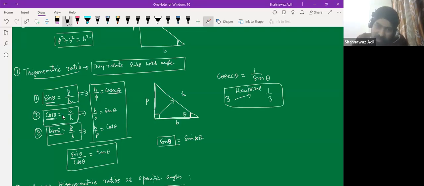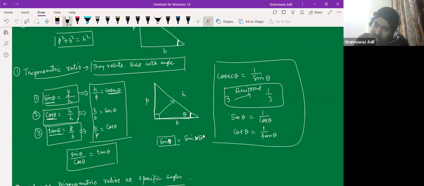Similarly, sec theta is the reciprocal of cos theta, and cot theta is the reciprocal of tan theta. If I know all these three main trigonometric ratios, then I can figure out all these reciprocals, right? This is what we studied in the first exercise.